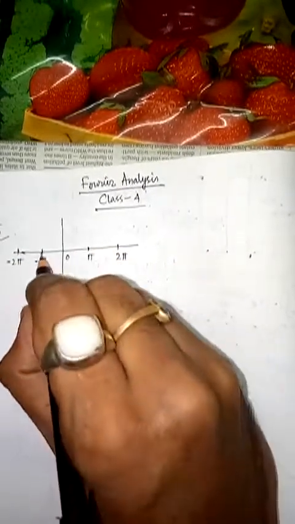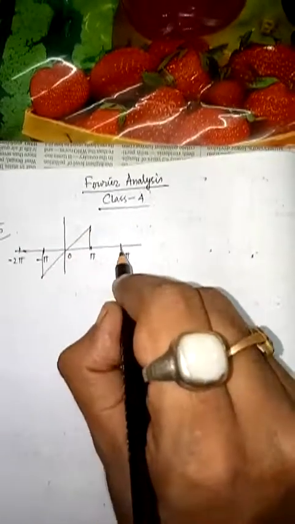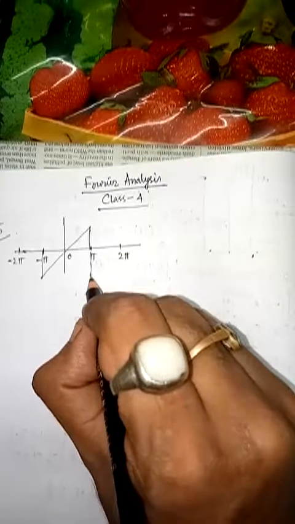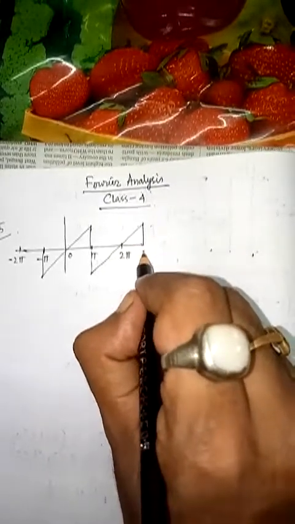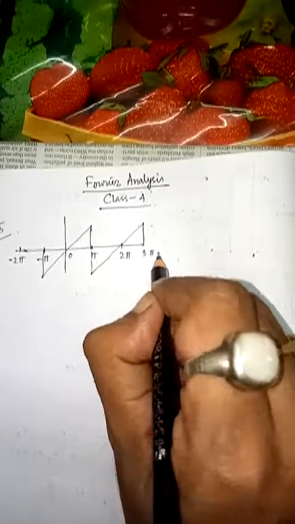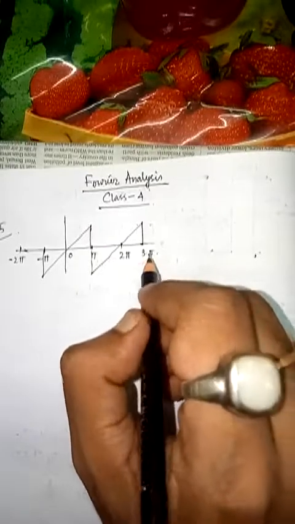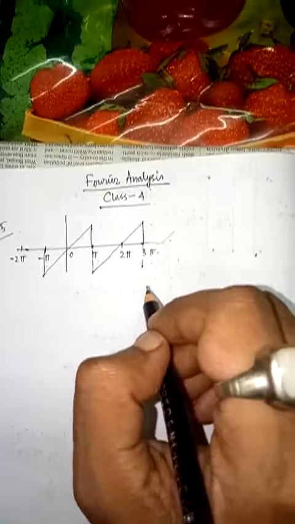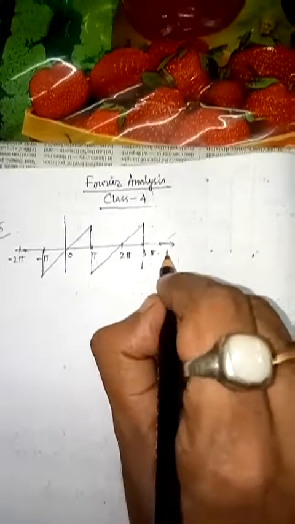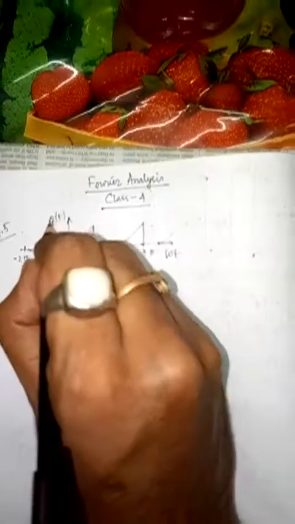So it is like this, and again it is like this, and again it should be like this. This type of pulse train is given. Here it is a scale of omega t, here it is a scale of gt, sorry, a scale of ft.